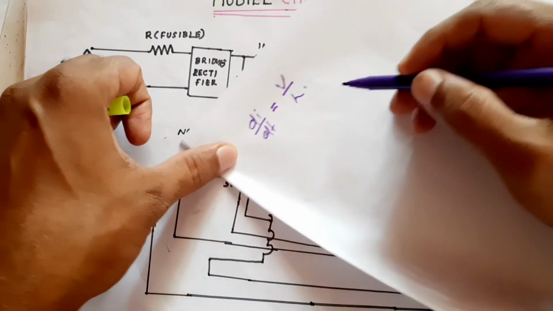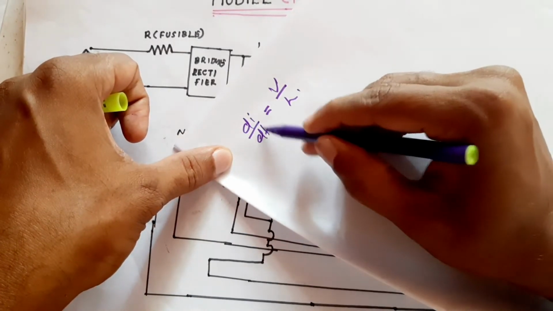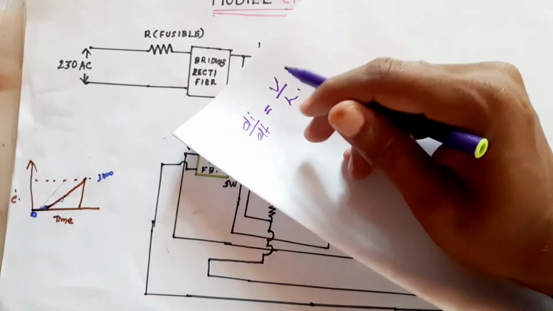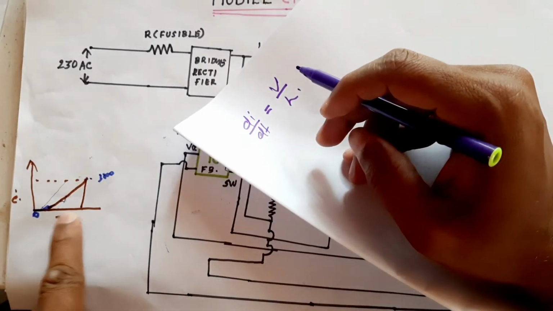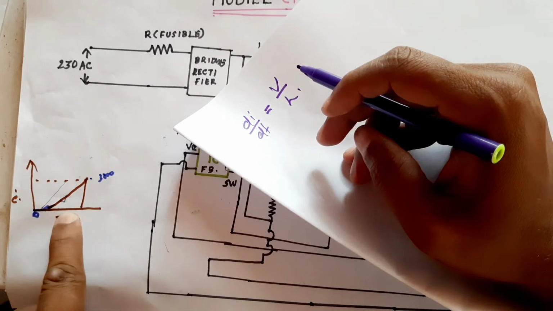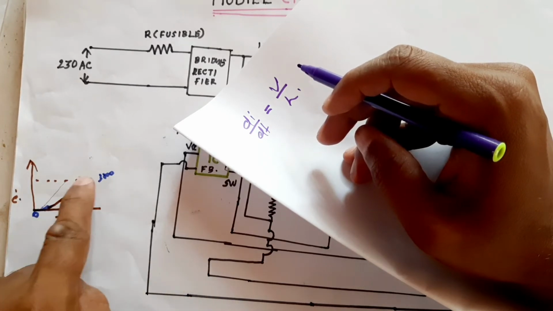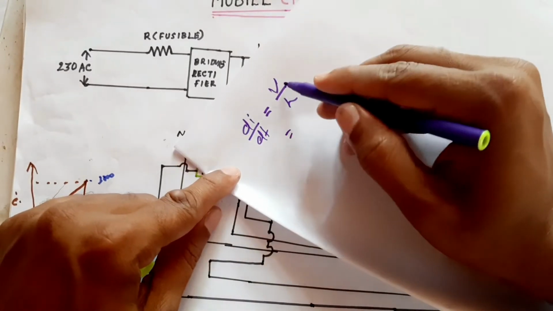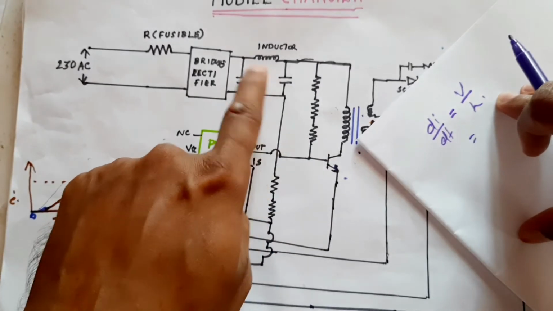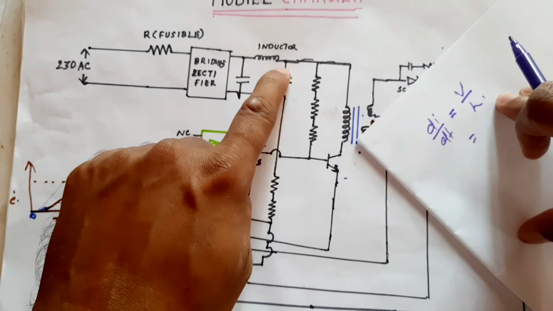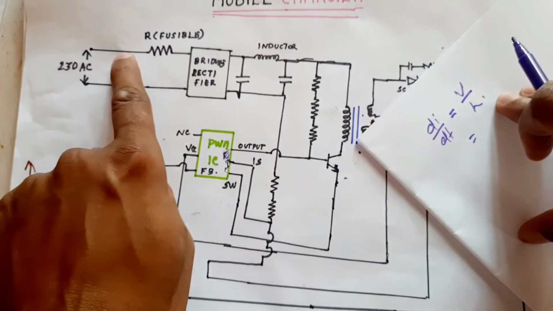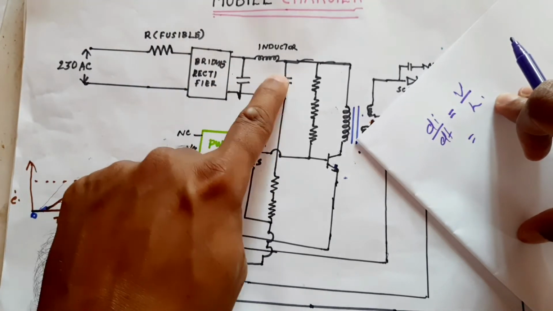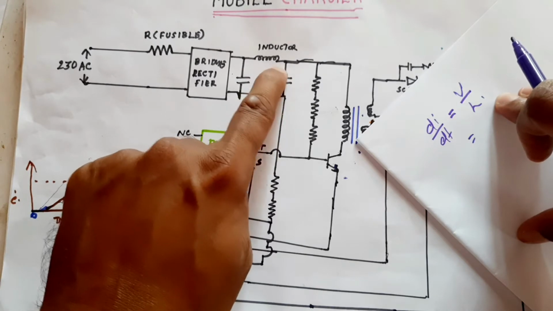What does it mean? di/dt is the change in current, the rate of change of current. That means in a particular time, what current value will be reached. If we apply 300 volt, usually the capacitor voltage, rectified from the mains supply, is around 300 to 320 volt.